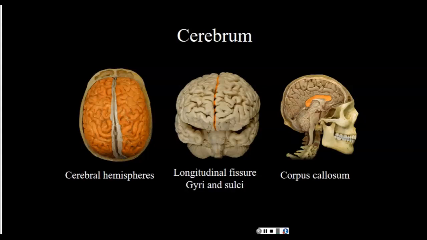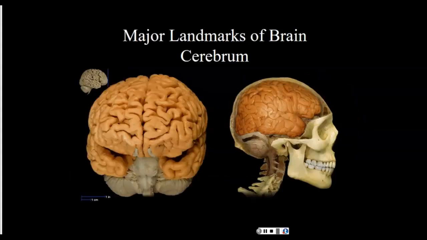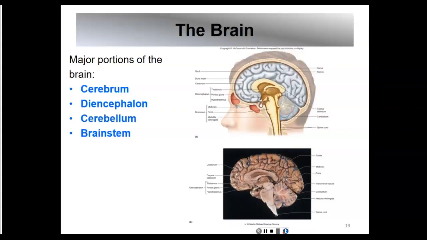And then deep inside, connecting your left and right cerebral hemispheres is this structure that is called the corpus callosum. So let's start with just the major portions. We have again the cerebrum, the diencephalon, the cerebellum, and the brainstem.